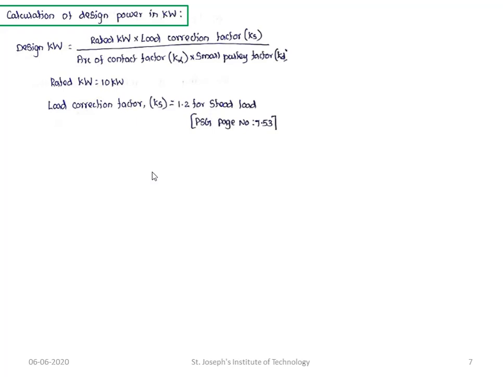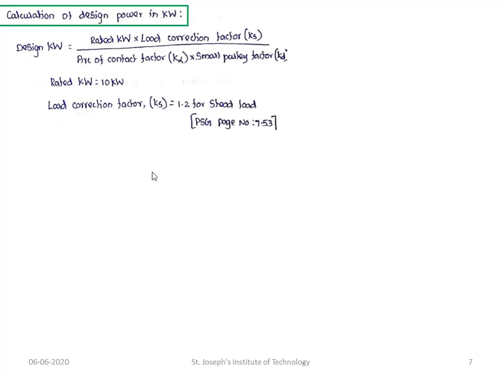So when we take the design kilowatt, we need to consider the effect of all these factors on the rated kilowatt. Next I am going to calculate these factors. First, rated kilowatt is given in our problem, that is 10 kilowatt.